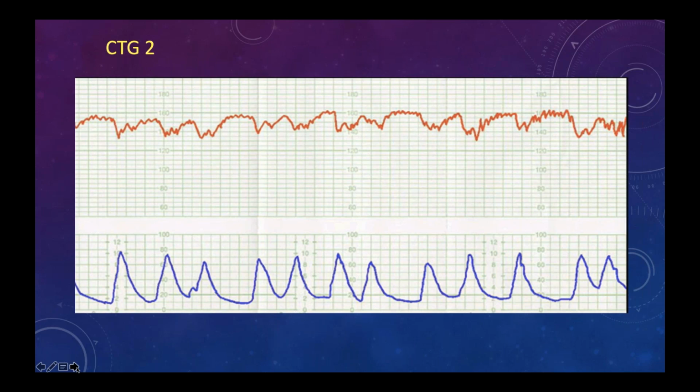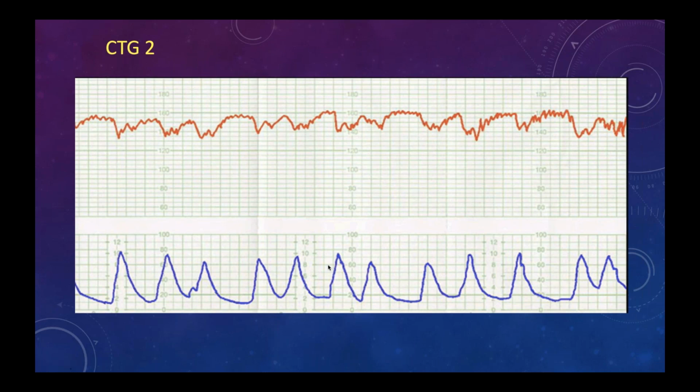Here, baseline fetal heart rate is near 160, 160 average. And in 10 minutes there are 1, 2, 3, 4, 5 contractions.